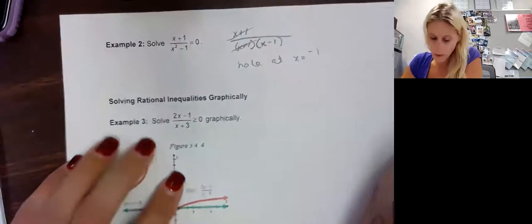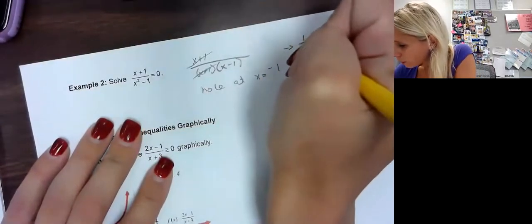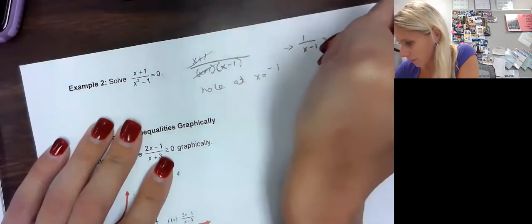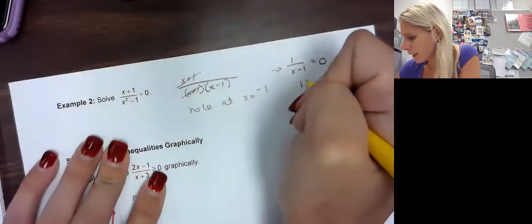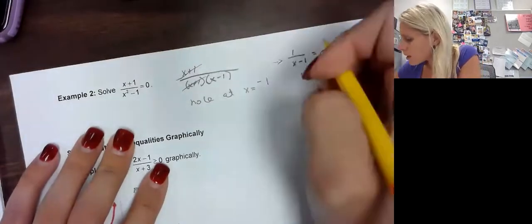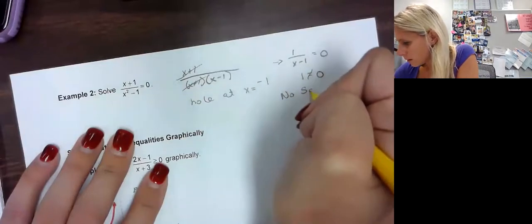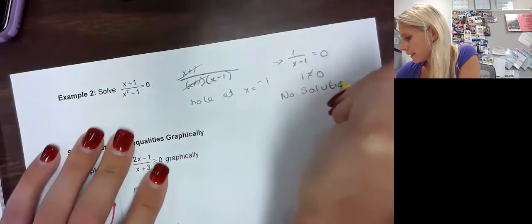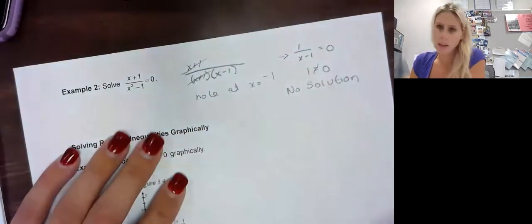Okay. So then we're left with 1 over x minus 1 equals 0. Now if I do that algebraically, you see that we get 1 equals 0. Wait a second, that can't happen. So it's no solution. So there's nowhere that this rational function equals 0. So nothing makes that true.